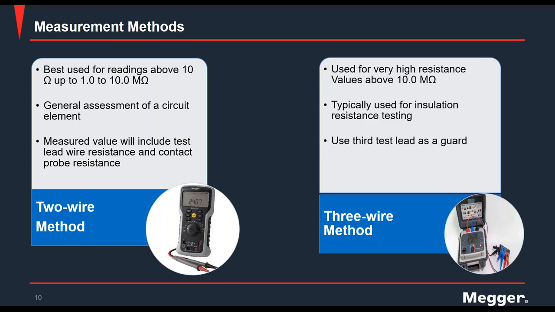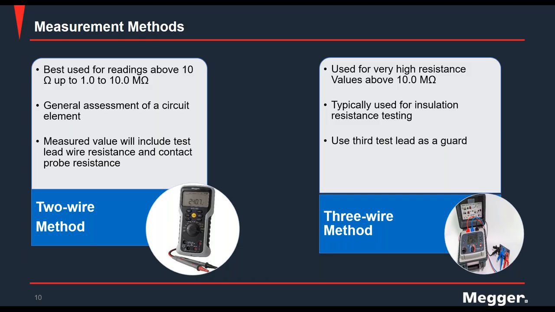The next method is the three-wire method. This method is typically used when a very high resistance value is to be measured in the megaohm range, above 10 megaohms. This method is used for what we call insulation testing. Although insulation testing can be performed with two wires, it is very important to understand the use of that third lead, which is also called the guard lead.